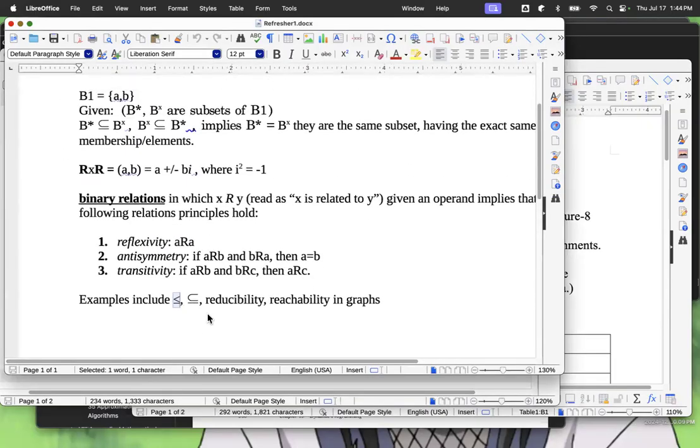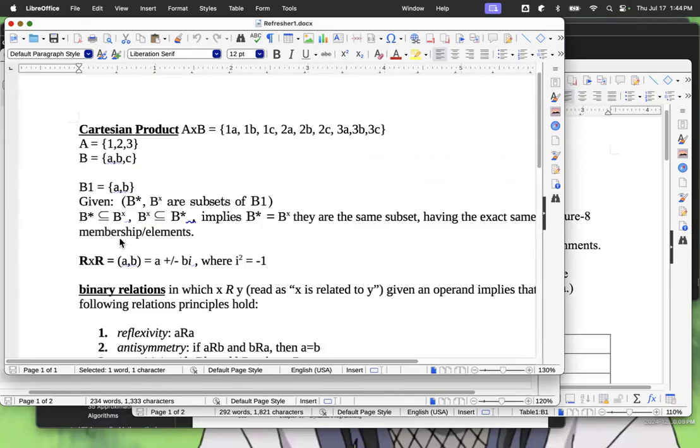Okay, so here we go. Let's suppose that B star and B cross are subsets of B1. Now remember we had this whole thing talking about Cartesian products or whatever. So now we're talking about subsets. If B star is a subset of B cross and B cross is a subset of B star, that would imply that B star and B cross are one and the same.